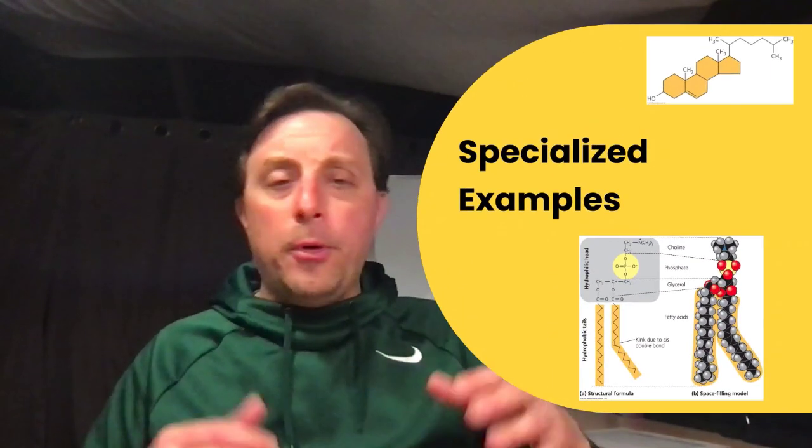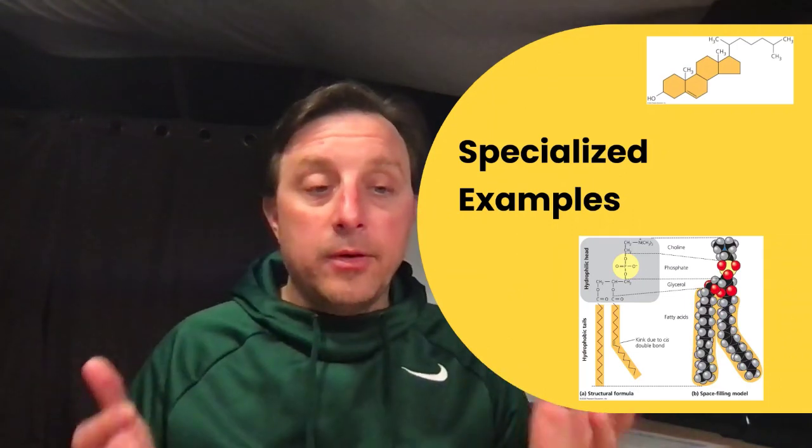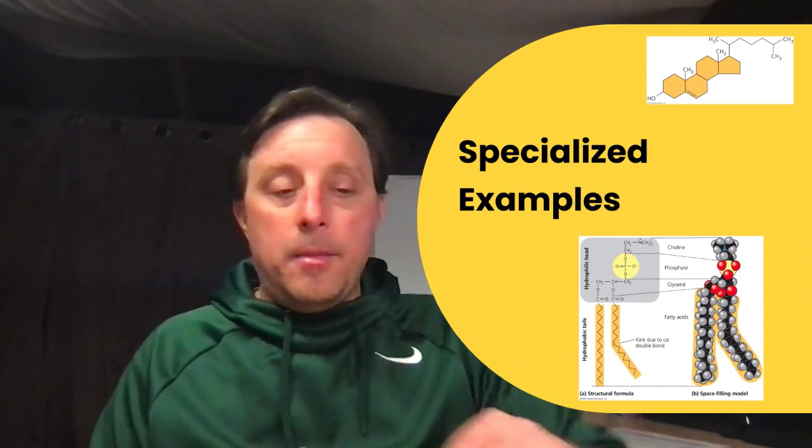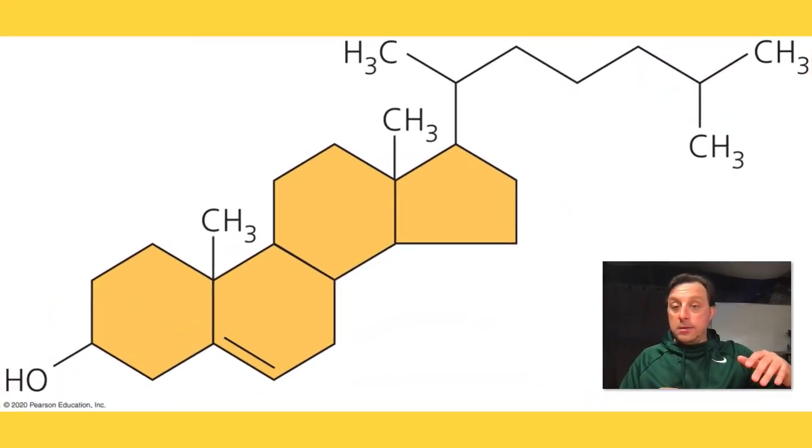A couple unique examples of lipids. First, we have the steroid molecules. This is cholesterol. It doesn't look like other lipid molecules, but it is classified as a lipid because it is insoluble in water. That is the most important characteristic of these lipid molecules. We'll see cholesterol again when we get into membrane structure.